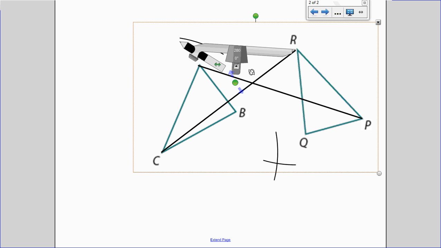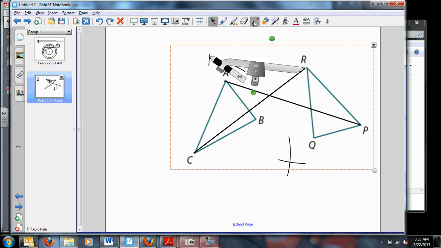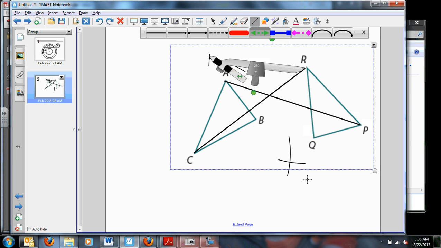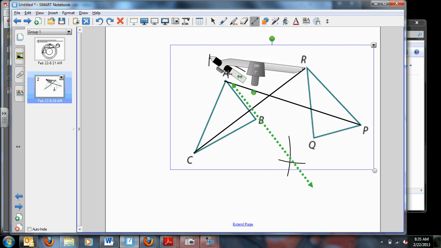There's one point that's equidistant from my endpoints, there's another one, and I'm going to connect these with a green line. And that should be the perpendicular bisector. Looks like I'm a little off down here. That's all right. All right, do the same thing over here.